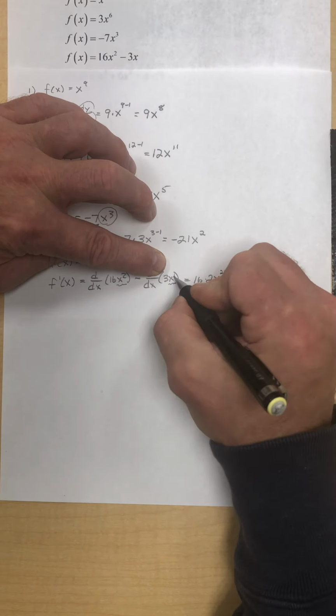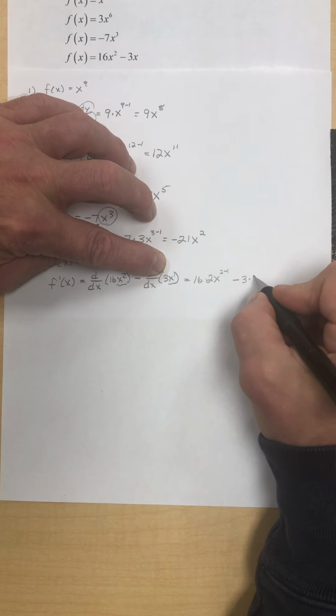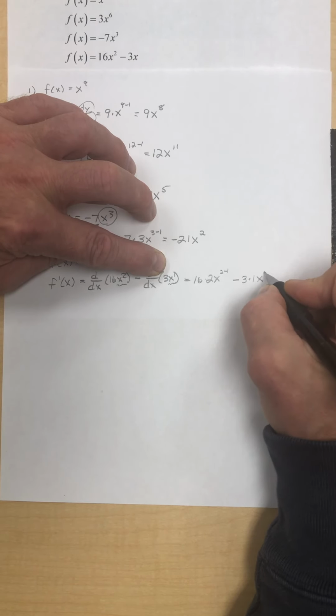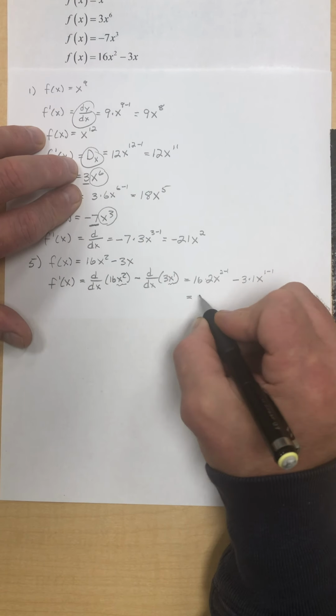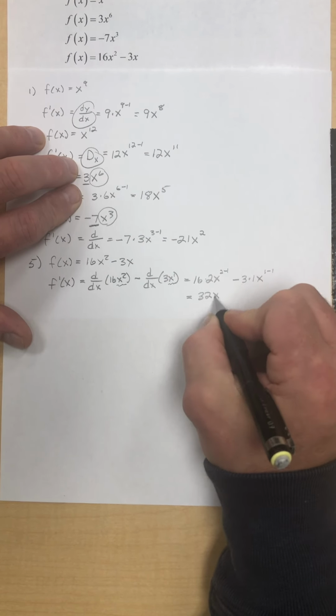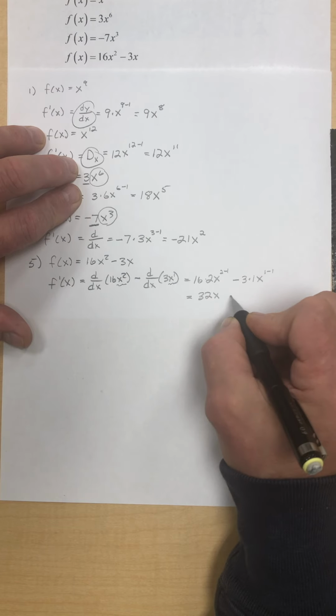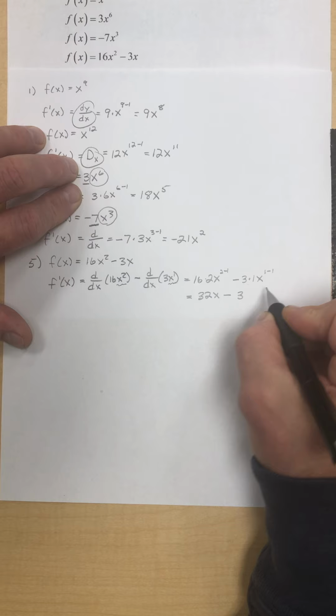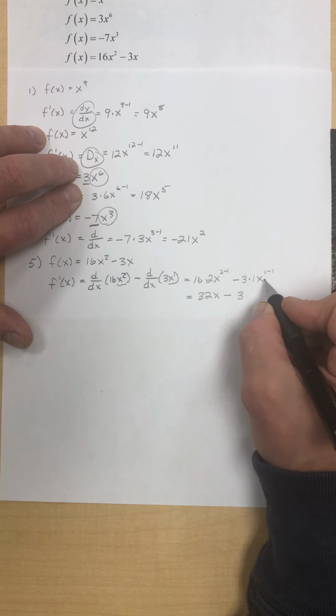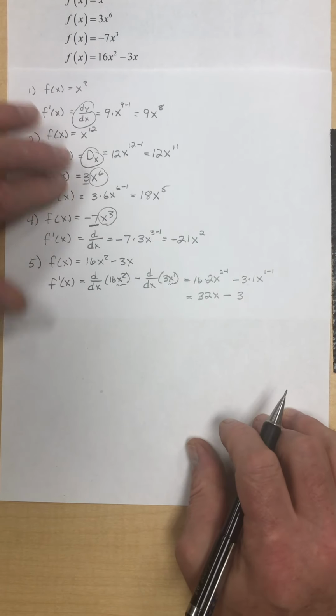That's x to the first, so it would be 1x, and then we subtract 1. This gives me 32x to the first, which is just 32x. And then this will be 3 times 1, which is 3. That'll be x to the 0th, which is 1. So I just get minus 3.